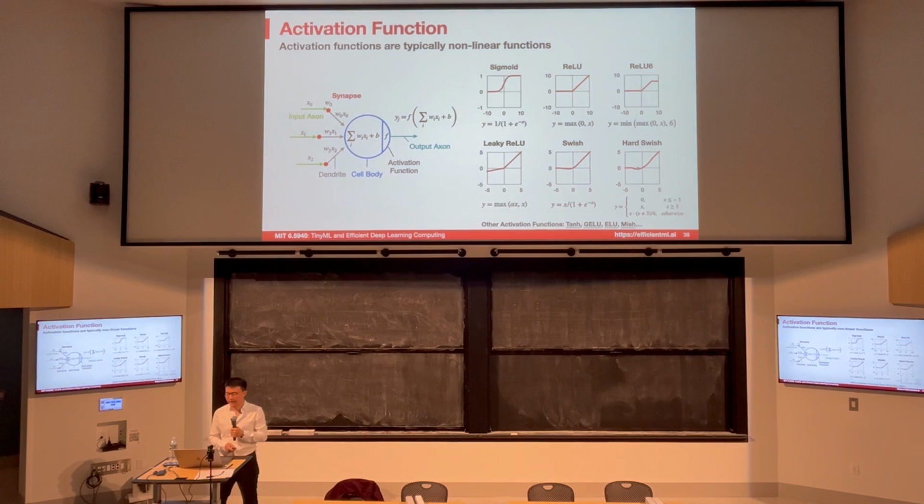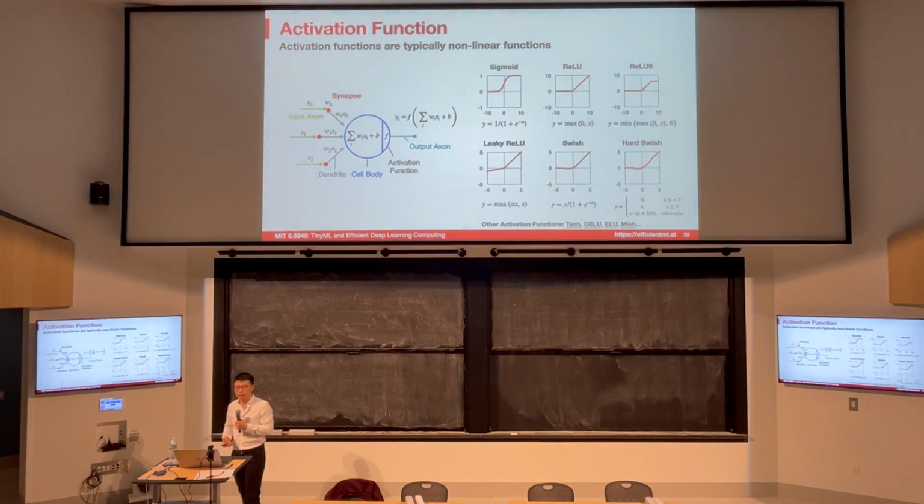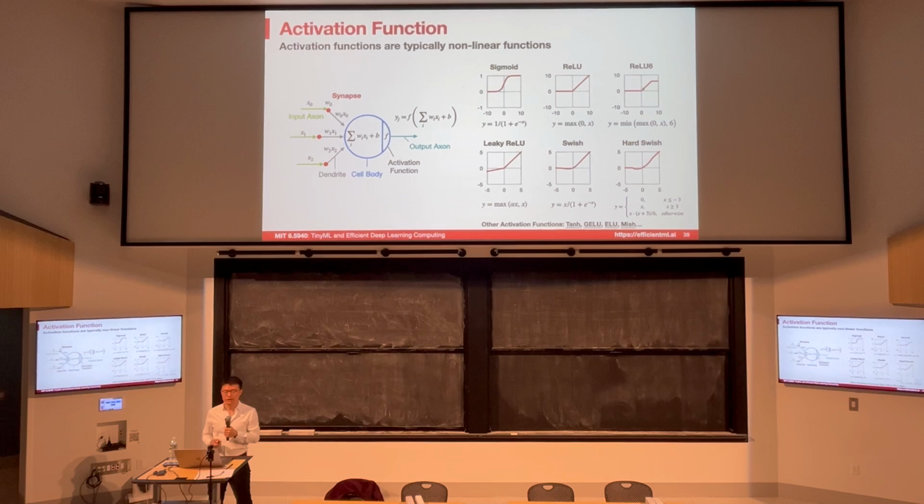So when x is smaller than minus 3, it is 0. Above 3, it is just x, and in between, the value is x times (x plus 3) divided by 6. Okay, so all these activation functions somehow have something to do with efficiency, like sparsity, quantization, dynamic range, easy to implement. So that's the story behind the progression of different activation functions.